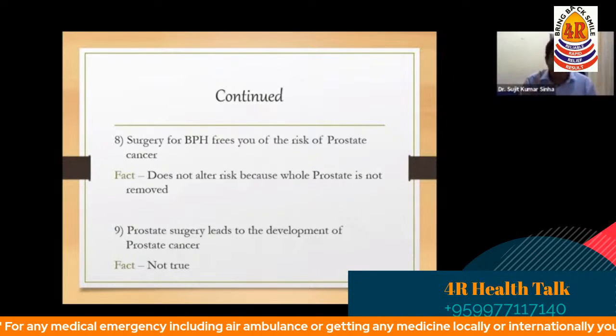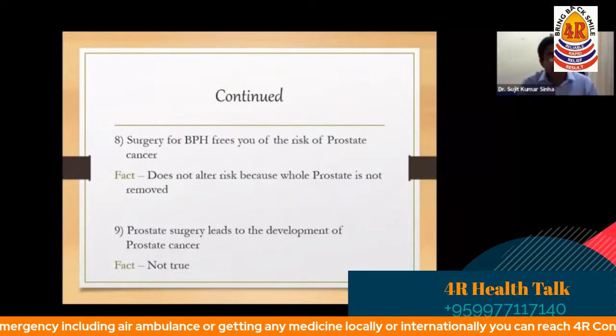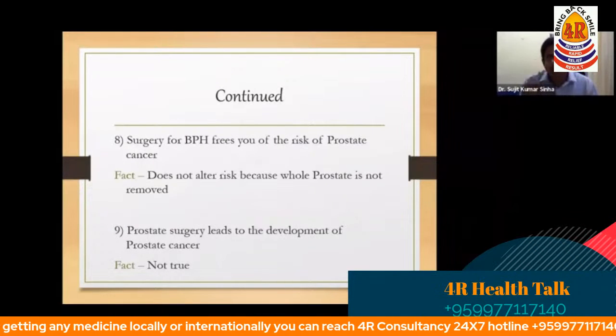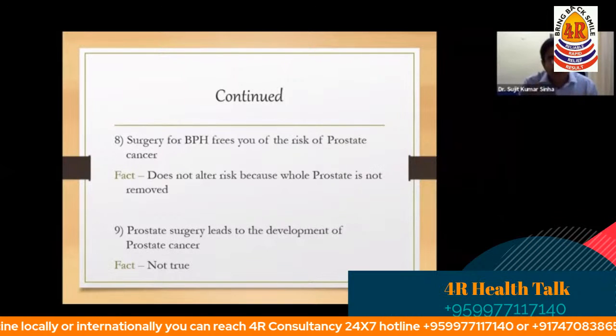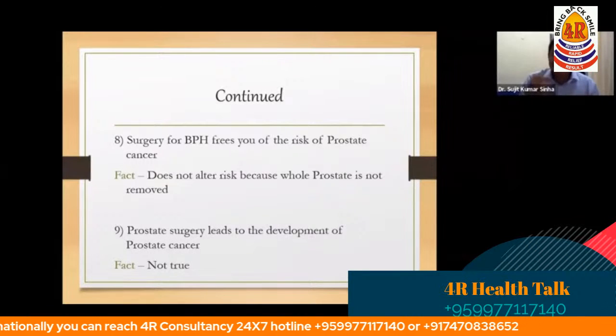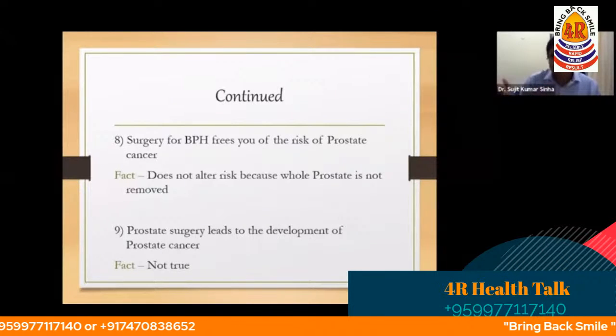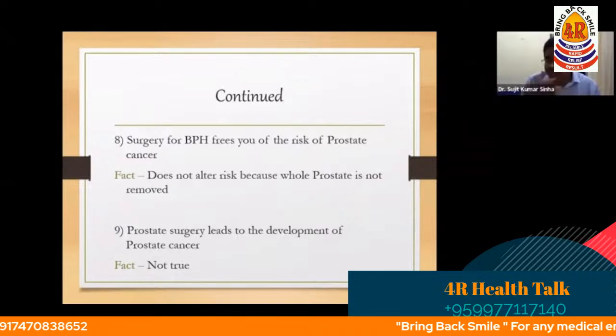For those which have spread out, metastatic prostate cancer, it doesn't help. Only in cases of localized prostate cancer do we take out the whole prostate, and that is best done by robot. The robotic surgery is available in our hospital, which we do very well, and they have excellent results. They go home in a day or two.